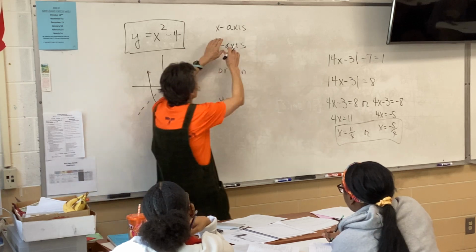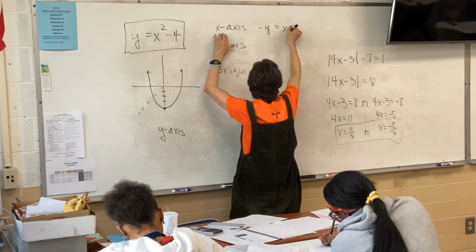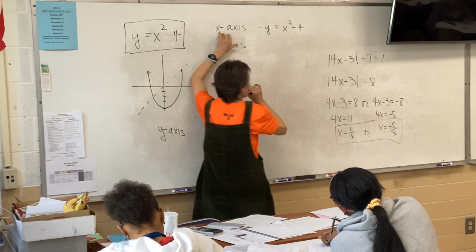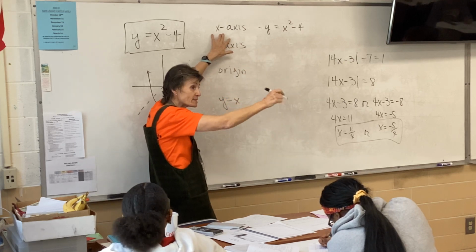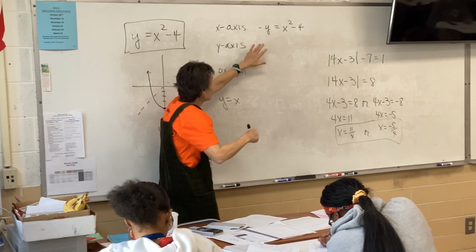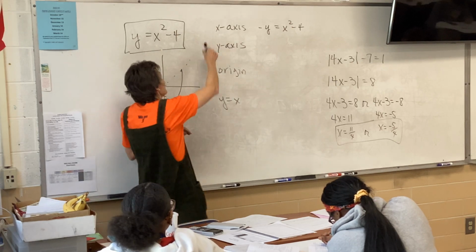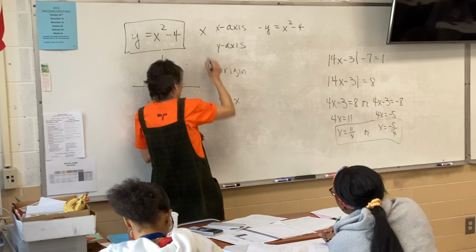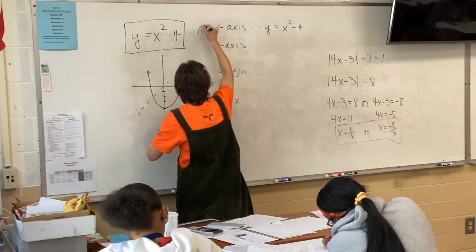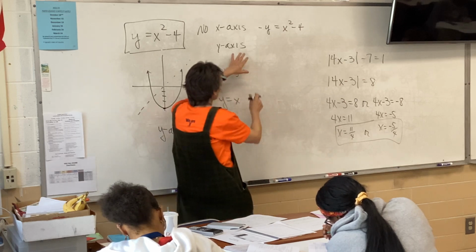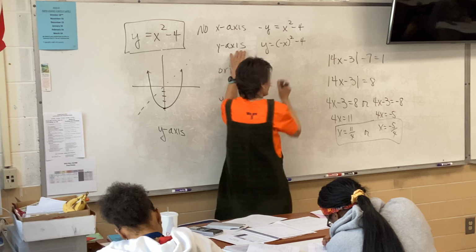So here's what I mean. For the x-axis, you change the sign on y. If I change the sign on y, do I end up with the same equation that I started with? No. So there's no symmetry there. Okay? Now, what about y-axis? Well, to do y-axis, you change the sign on x.